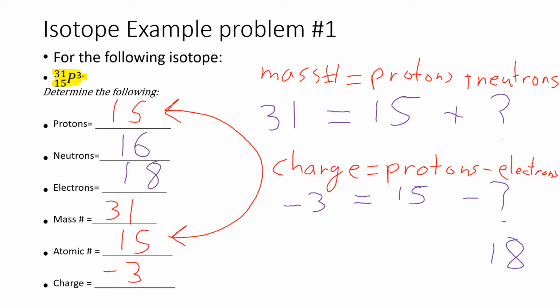Well, that would be 3 more. Remember, the electrons are contributing that negative charge. The protons are contributing the positive charge. So if your total is negative, that means you better have more electrons than protons. That's the case we're looking for here. So we're going to have 18 electrons, 3 more electrons than protons to make that work. So this is how you can extract this type of information off of something written in its isotopic designation.